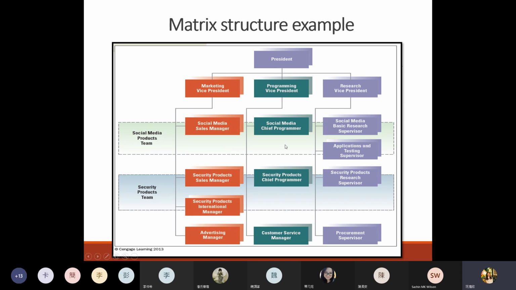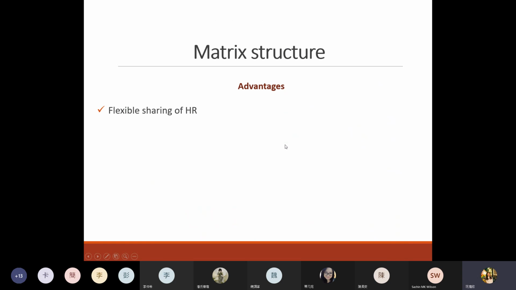So the advantages of matrix structure, firstly, is the flexibility of sharing personnel, or we say HR, right? I think this one is quite obvious. The second thing is that these people are working with people from other expertise in the same project.